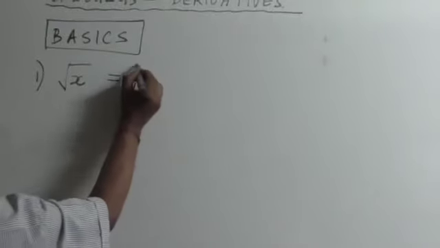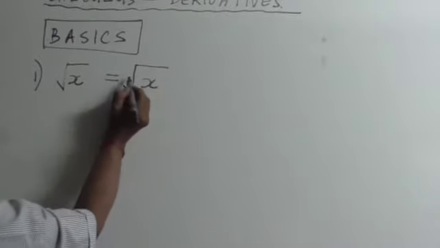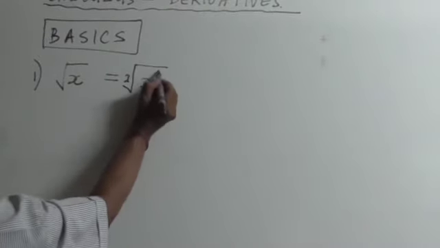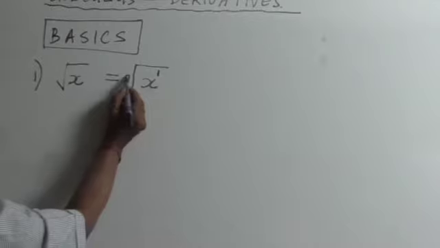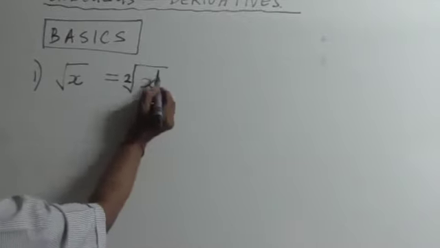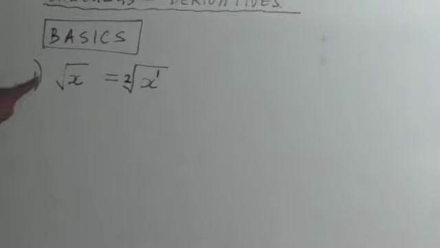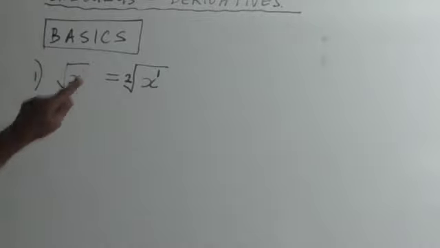Now you have to know that this square root of x, really there's a 2 here and really a 1 here. We say that this 2 and this 1 is understood. It is not written here, therefore it is said to be understood.